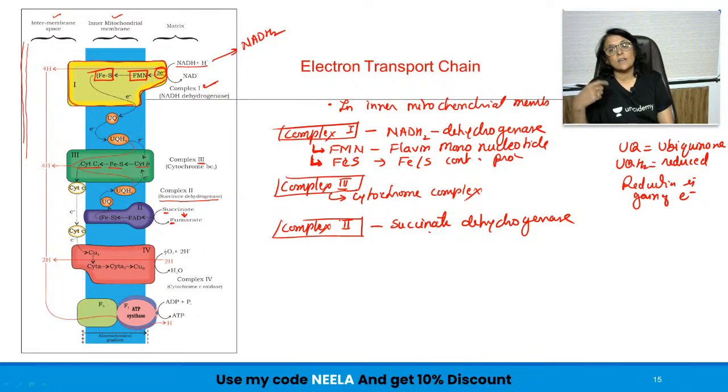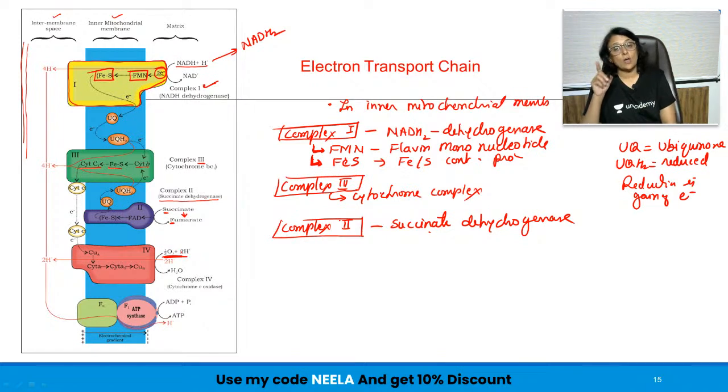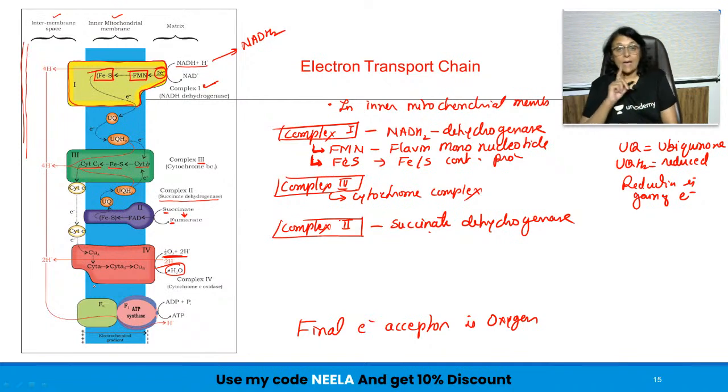It is converting succinate into fumarate, and at the same time it is also helping in the transport of the electron. Now the electron moves through here, and then it finally comes to oxygen. Finally the electron is accepted by oxygen. So the last statement is that the final electron acceptor is oxygen, and that is how you get water. Now this is the fourth complex, complex 4.